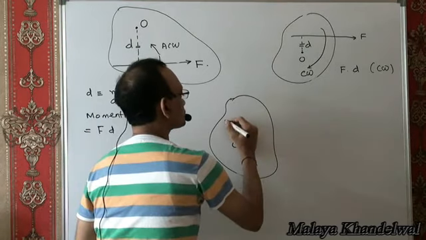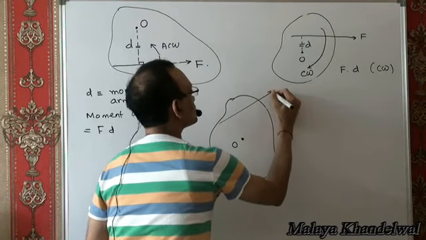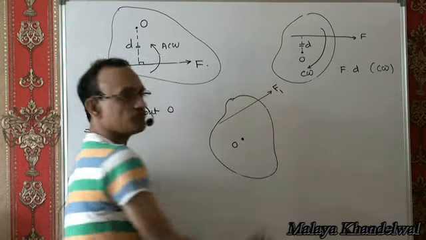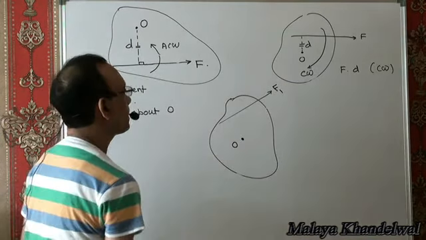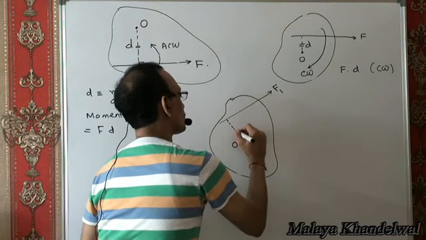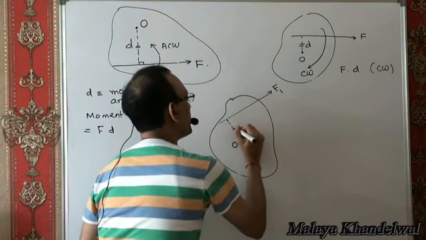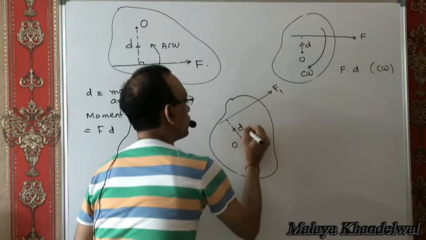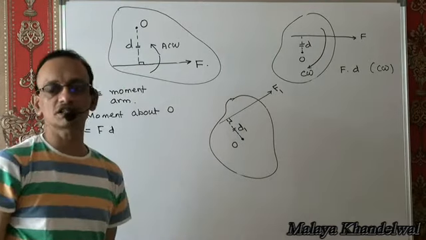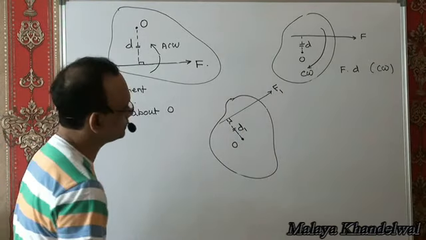This is a force F1 acting on the rigid body, and its perpendicular distance from O is D1.